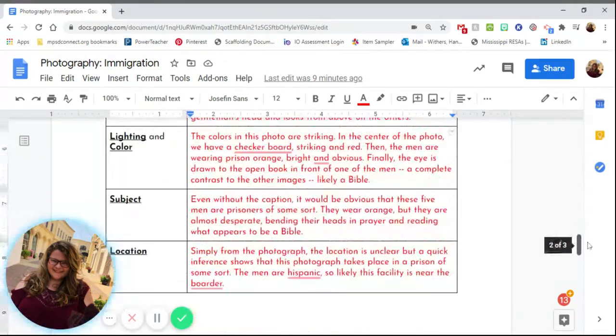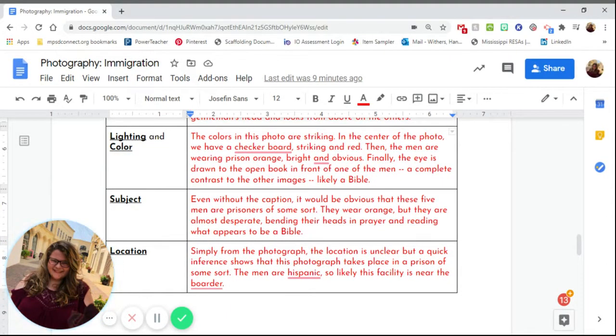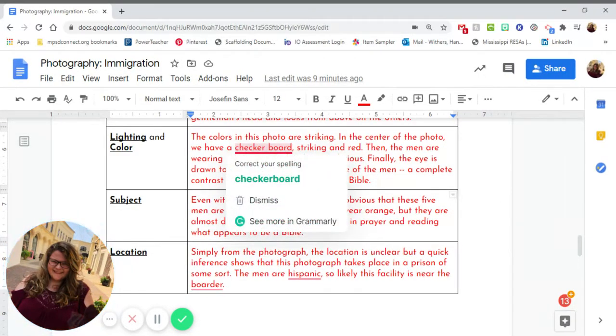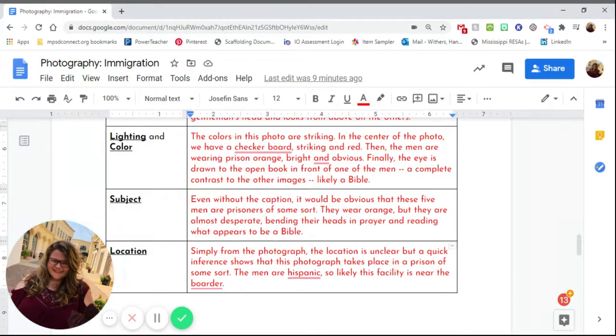All right. Then we've got subject and location. We know that even without the caption, there are three men and they seem to be prisoners of some sort. We already touched on that with lighting and color. They're wearing orange. Then I describe what's going on with them. Location. Pretending like we don't have a caption, your location is unclear.